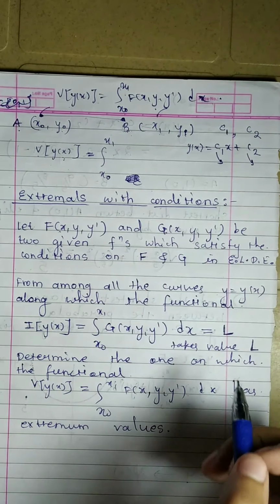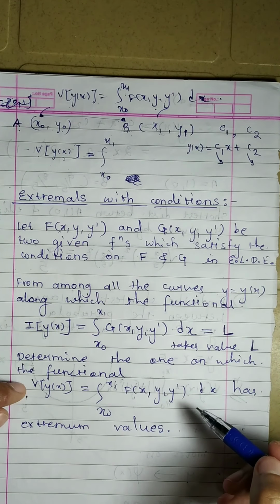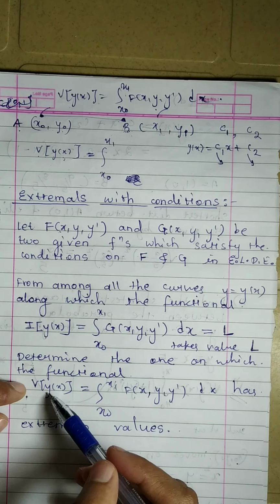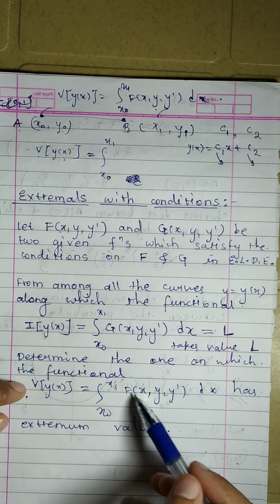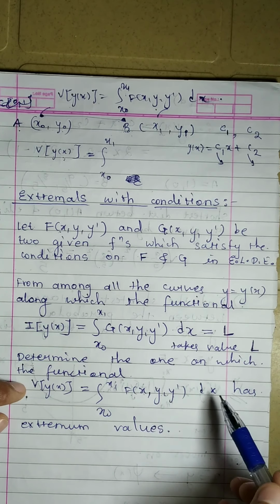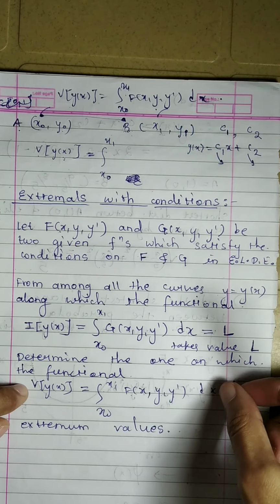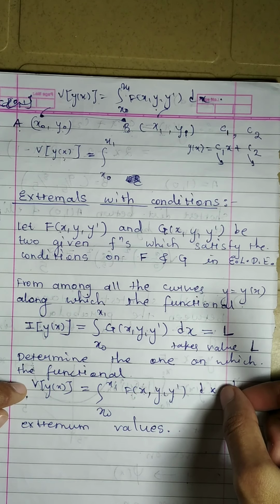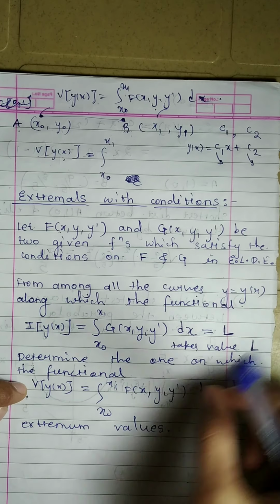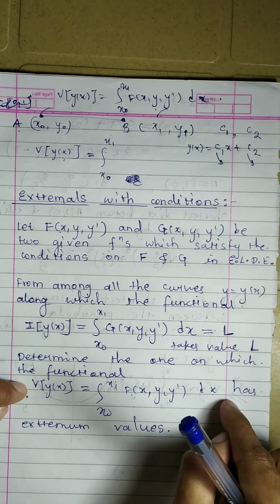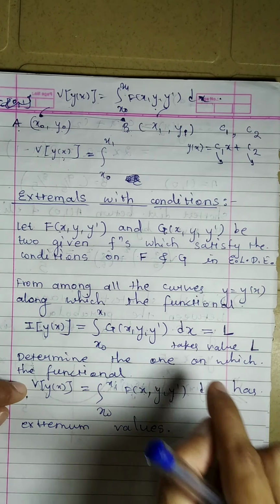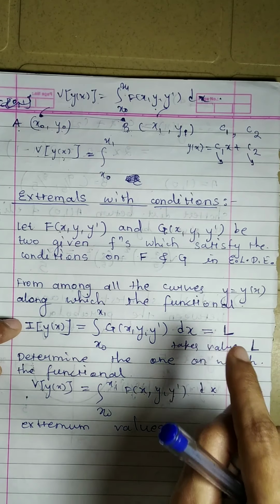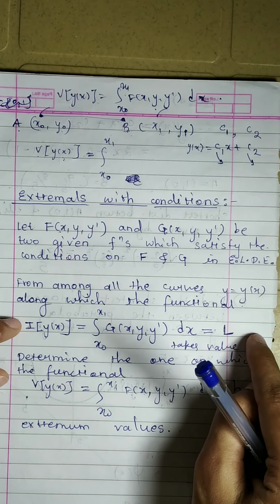That means what we want to do is we have a functional V[y(x)] equal to the integral from x0 to x1 of F(x, y, y') dx. We want to find a curve y equal to y(x) such that on that curve this functional attains its extremum, but that curve should also satisfy this condition.